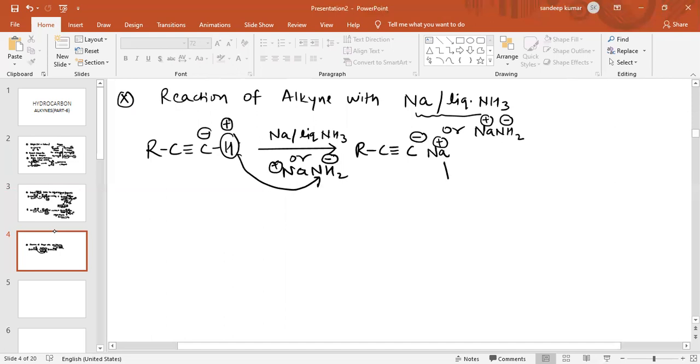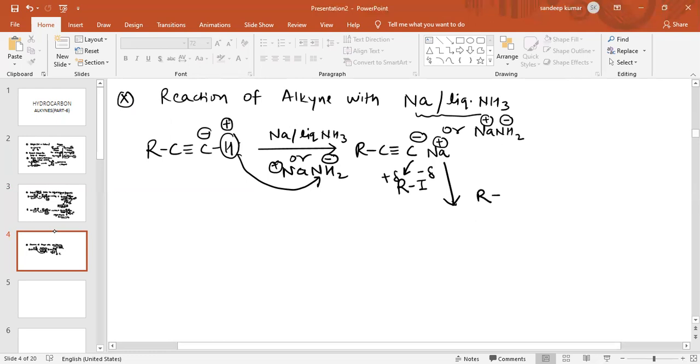Now in the next step, there is reaction with RI, which has partial negative charge on iodine and partial positive charge on carbon. This negatively charged carbon will attack on R, and the leaving group is removed in this way.